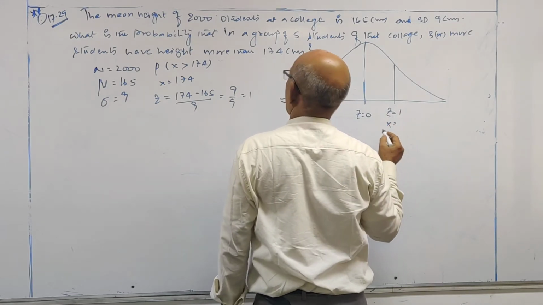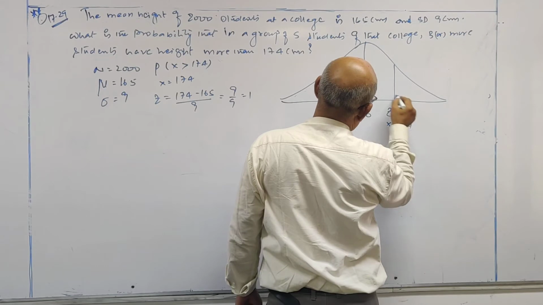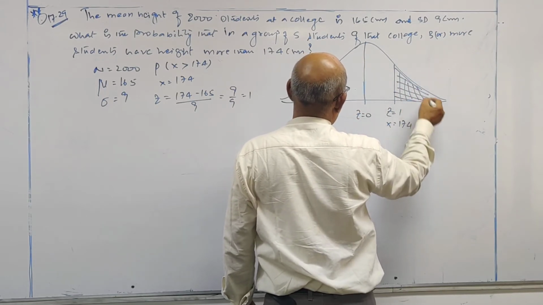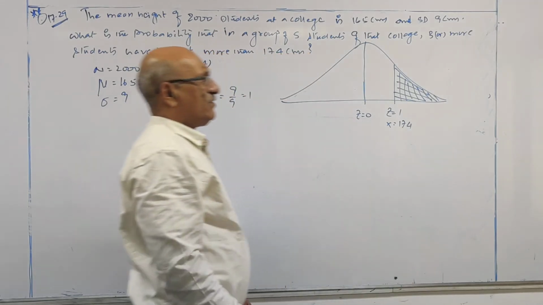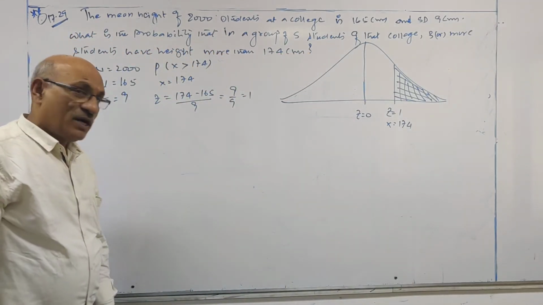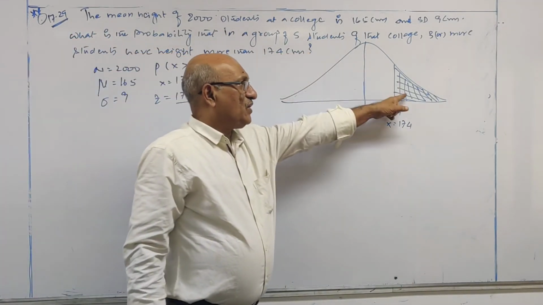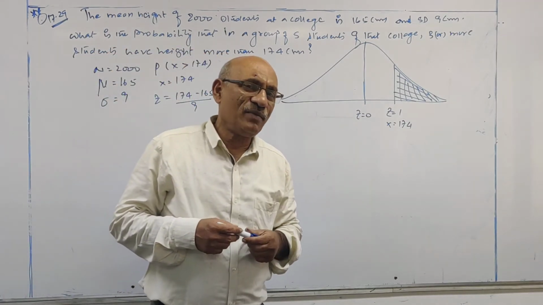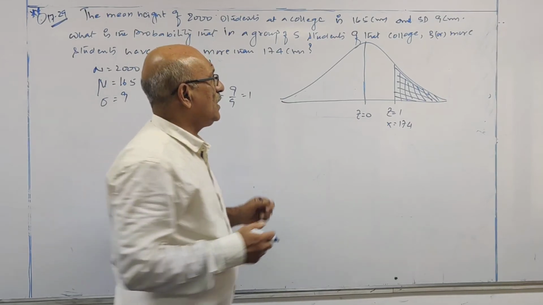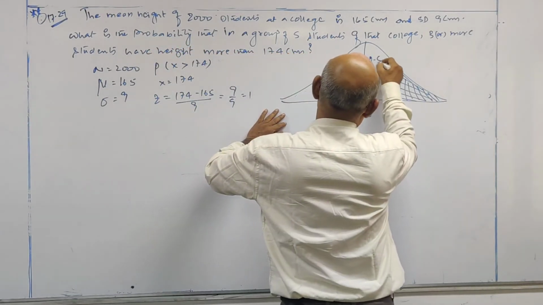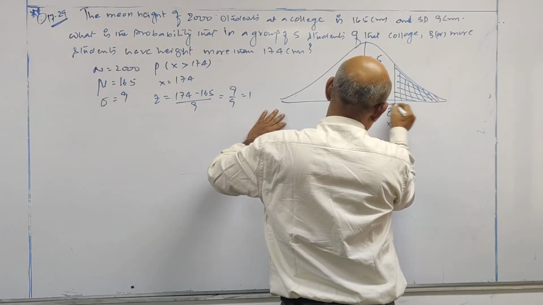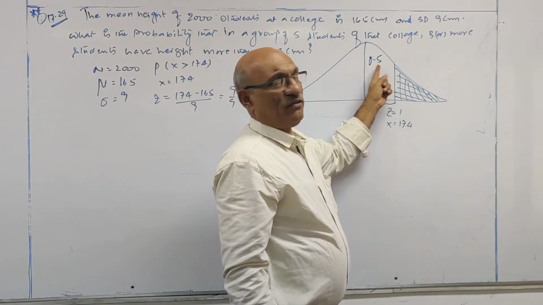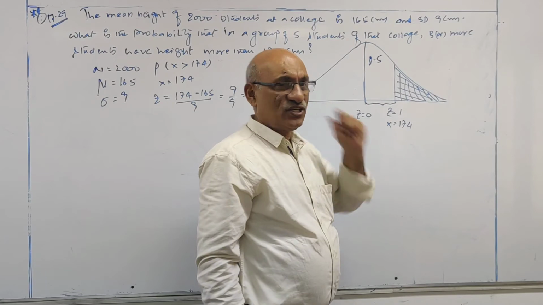Here x is equal to 174. I want this area greater than. This area is towards the tail of a normal curve, which cannot be obtained from the tables. So this is 0.5 minus this unshaded portion. From this whole area of 0.5, I'll subtract this unshaded portion.